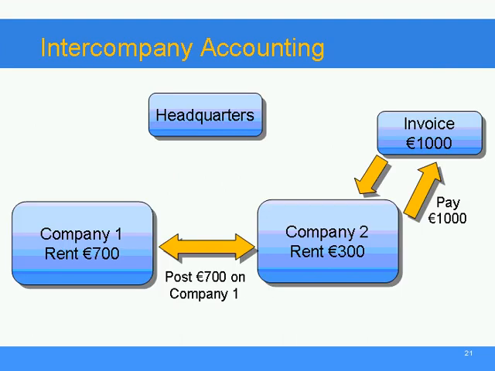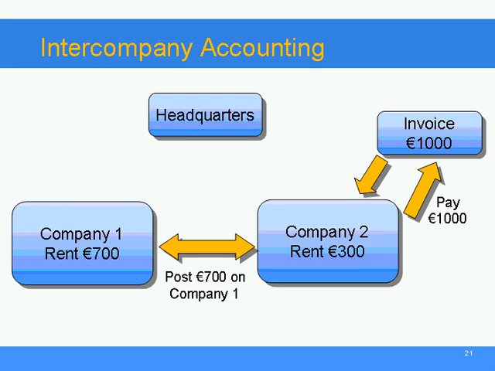In this picture, you can see an example of intercompany accounting. For example, Company 1 and Company 2 share an inventory building. Rent is €1,000 per month.